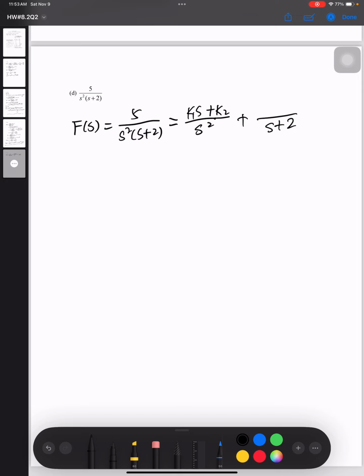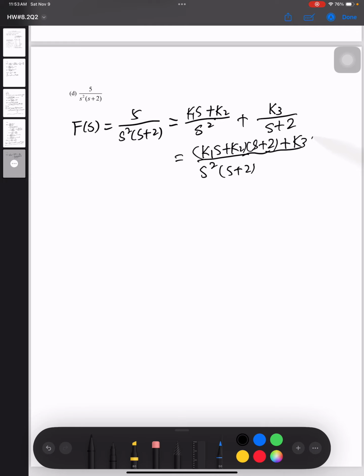If we multiply them together, we get k1 s times s plus 2, plus k2 times s plus 2, plus k3 s squared.